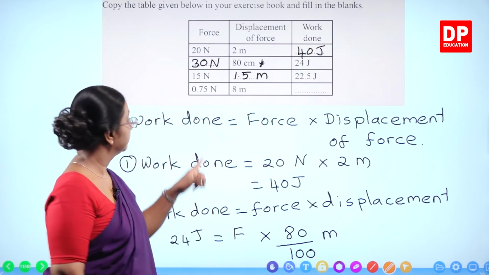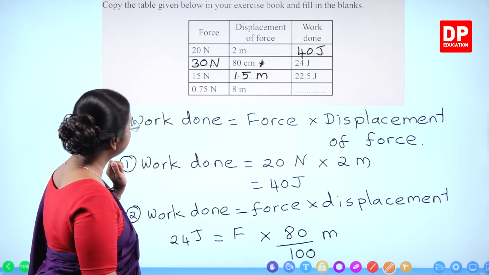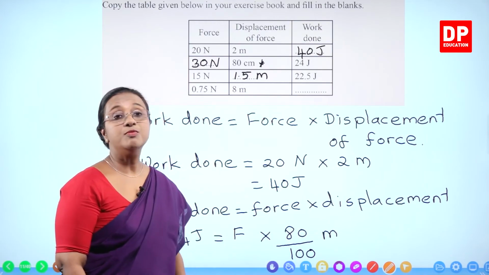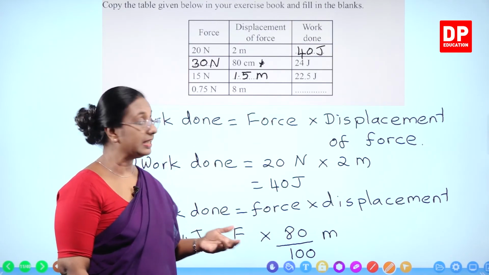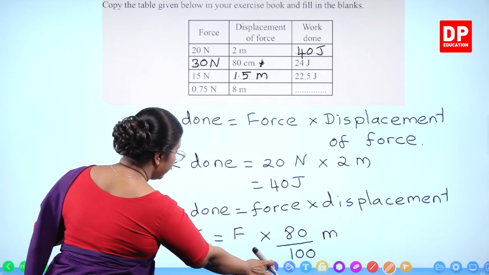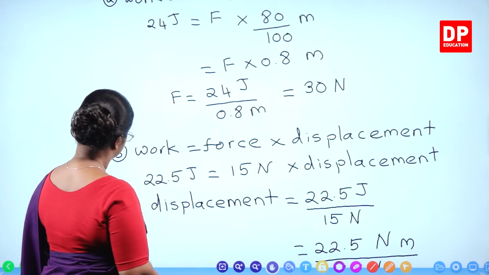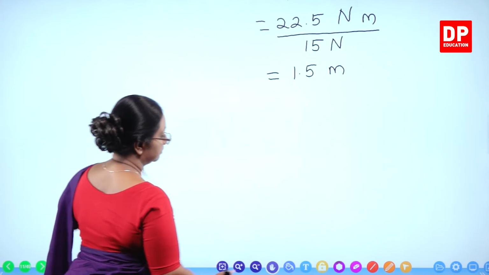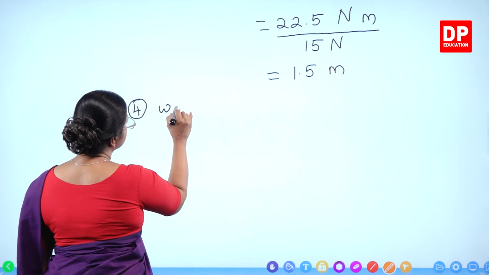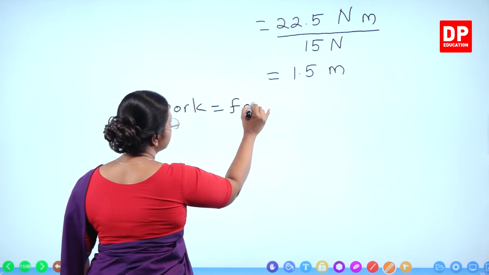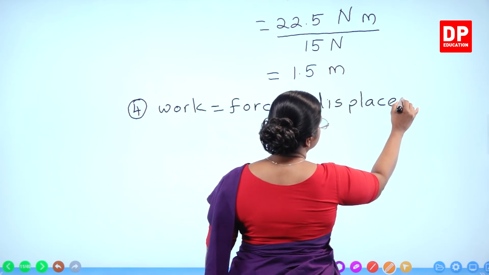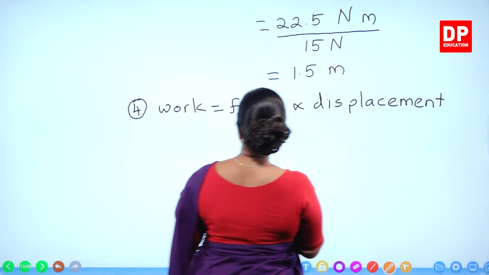Then the last one. Force applied is 0.75 newtons. Displacement is 8 meters. Then the work done, that of course you can easily directly calculate. You multiply 0.75 by 8. So if we show the working, fourth one, work done is force into displacement.